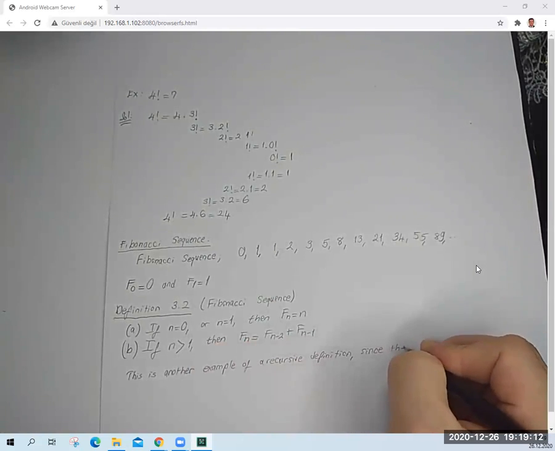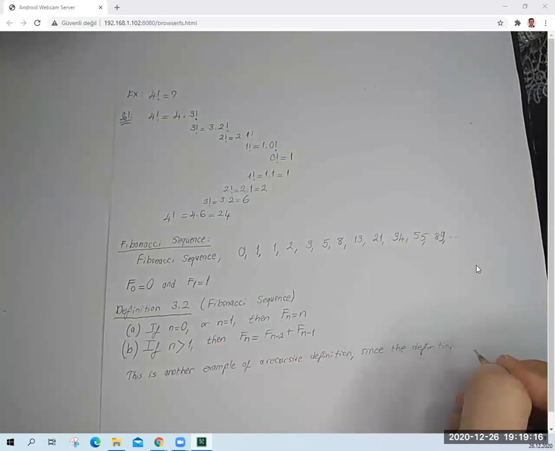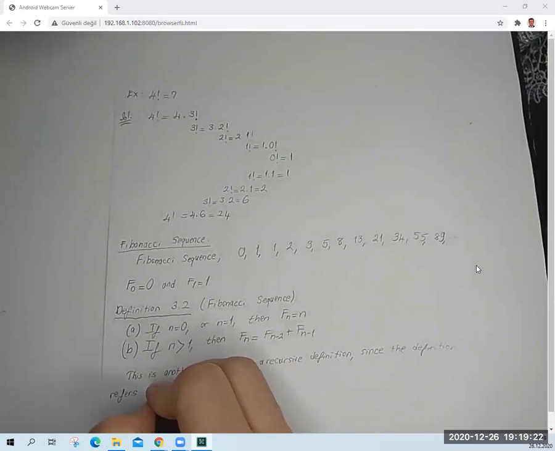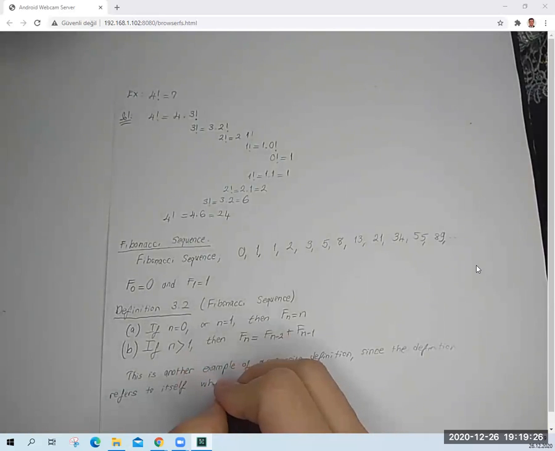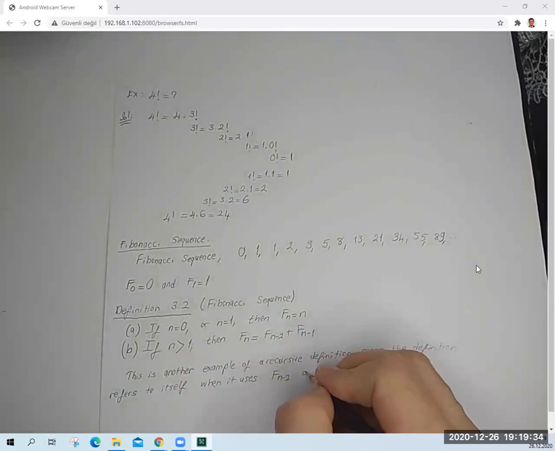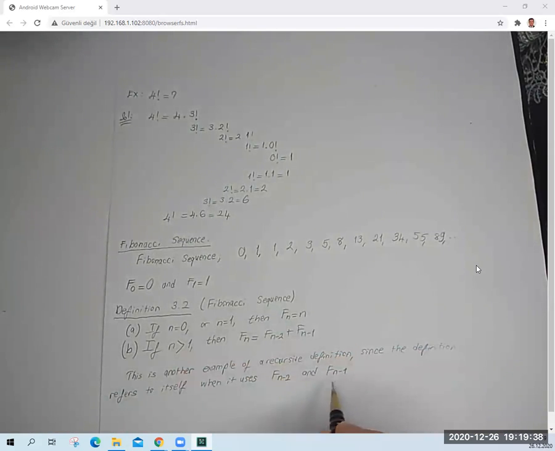Since the definition refers to itself, like recursive to itself, when it uses Fn minus 2 and Fn minus 1. So it is referring to itself using those two terms.